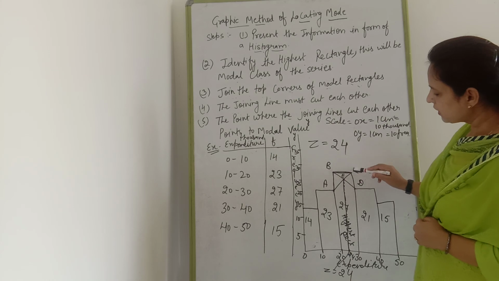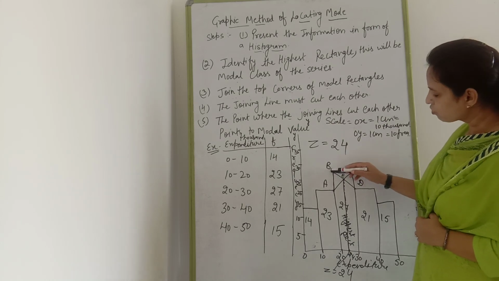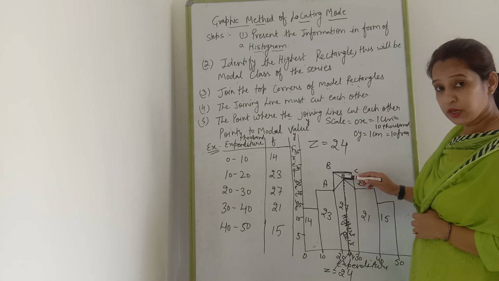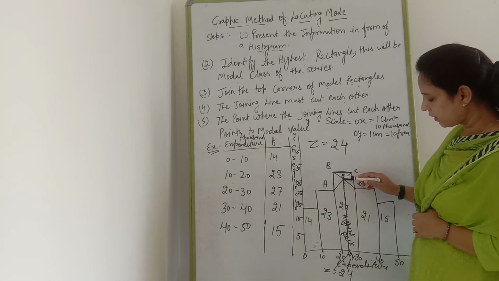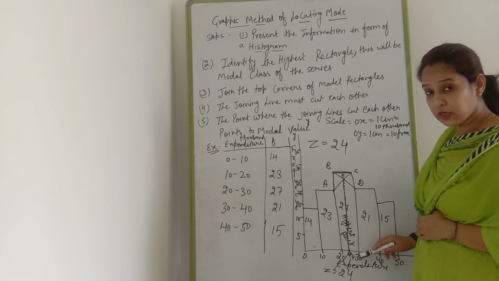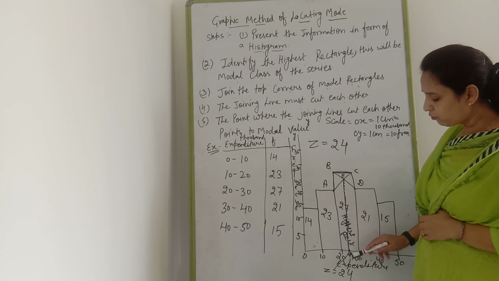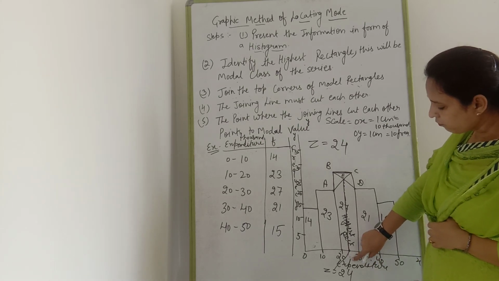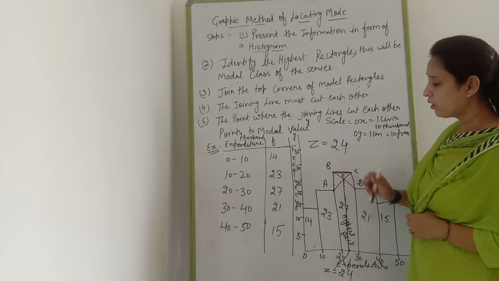A, B, C, D. Now join the corners A to C and B to D. Where they cut each other, that is at point E. Now with a ruler draw a straight line till the end between 20 to 30. What will be your mode? If you count, you will be able to find out your mode. 24. Clear? Z equal to 24.